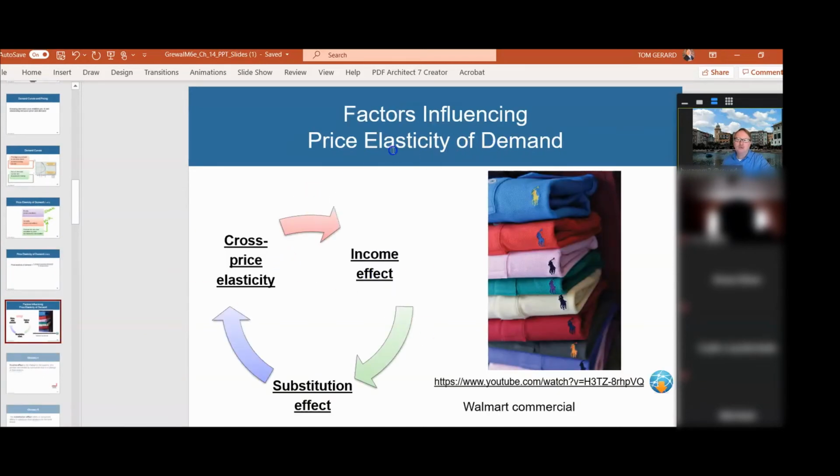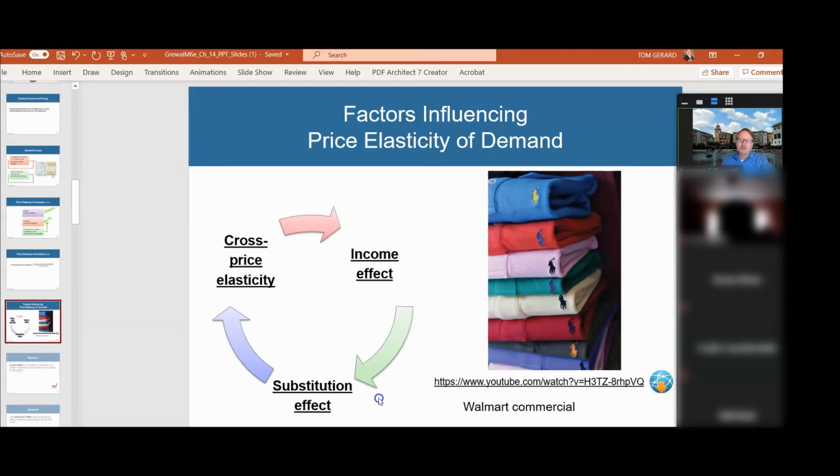Okay, factors influencing price elasticity. Here's the substitution effect. Are there things out there that I can substitute? In other words, if I buy Huggies, and I'm not picking on anybody that has a baby, but if you've had a baby, especially if you're on a limited income, you know that if you buy Huggies or Pampers and all of a sudden they go up in price, well, they're already real expensive, I know, what if I could buy the Best Choice brand or Smart Value or whatever the store brand is?